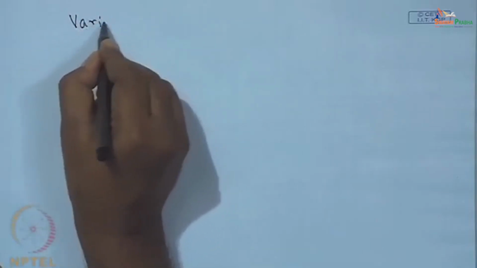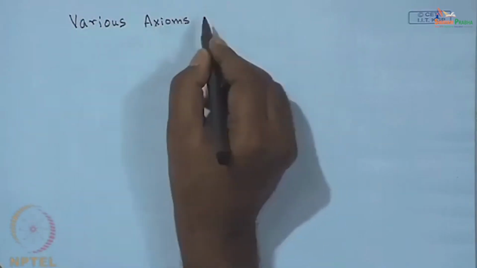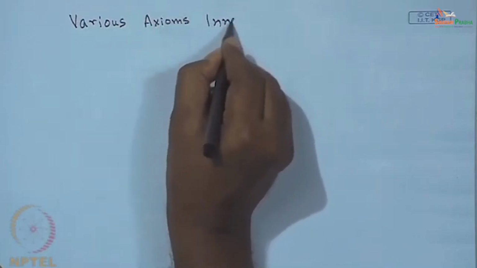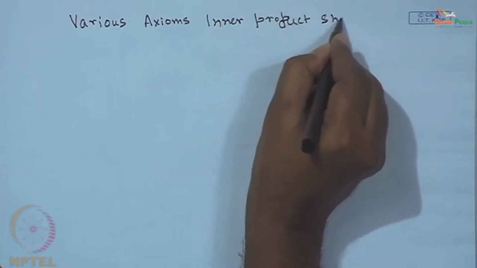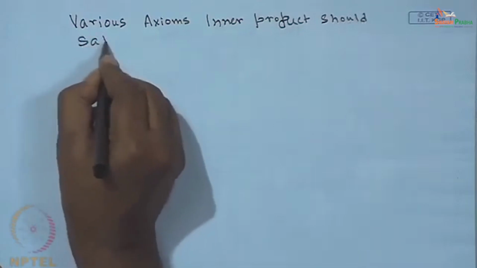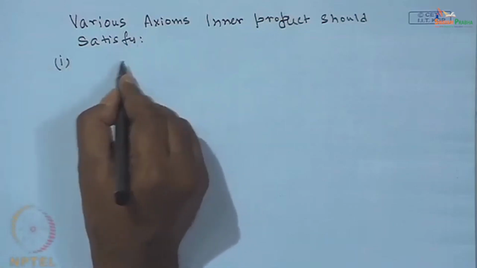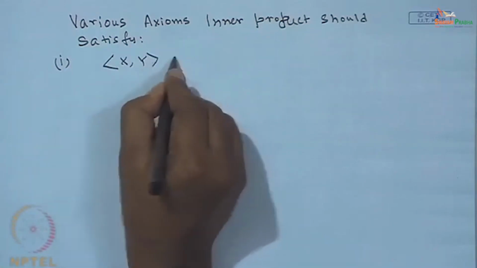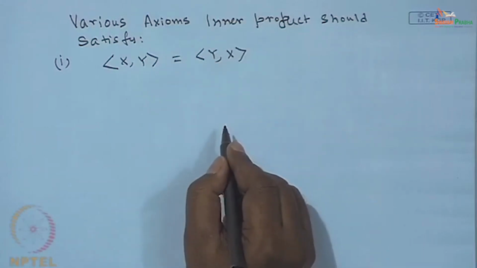So, let us look into the various axioms, or properties, that the inner product should satisfy. The first one is that the inner product between x and y is identical to the inner product between y and x.